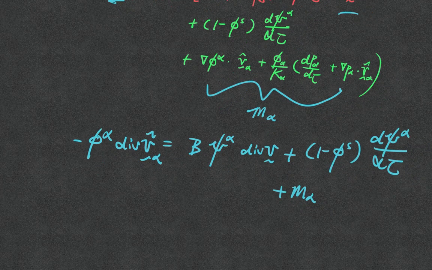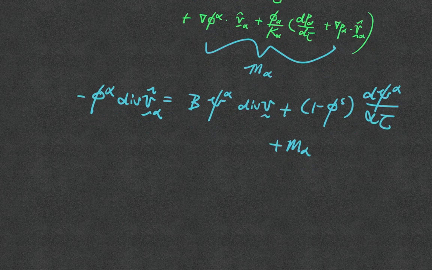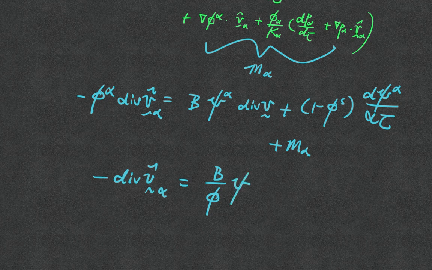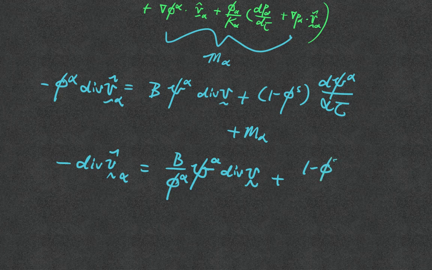Now in your implementation, you just need to divide the whole thing by the volume fraction of the alpha term. Then you have the divergence of V, like what we had previously, the divergence of the Darcy's alpha term, equals B divided by the volume fraction of the alpha term times the degree of saturation, the solid, plus 1 divided by rho s divided by rho alpha, which is actually what?